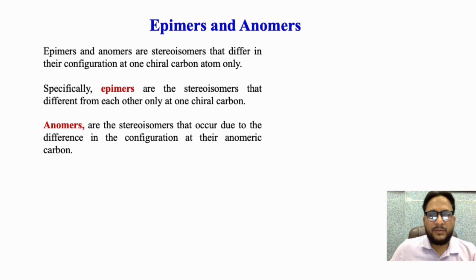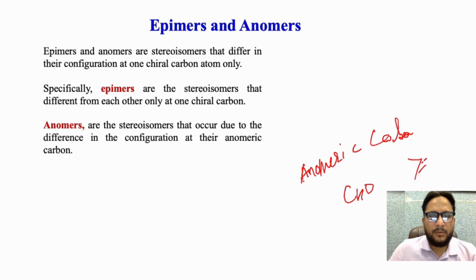If the configuration is different at the anomeric carbon. Now, what is the anomeric carbon? Anomeric carbon is the carbon which contains an aldehydic or a ketonic group, like it may contain a CHO group or it may contain a ketonic group.